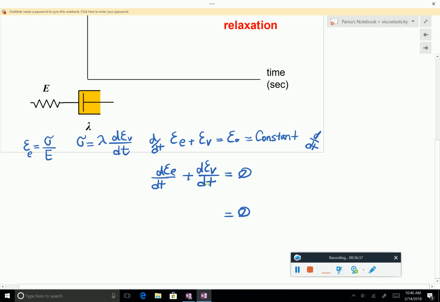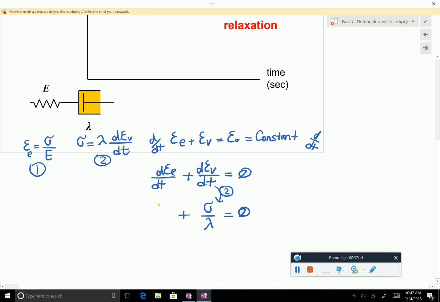Now d epsilon V over dt, very easily we know that it is sigma over lambda from this equation here. We can call this equation 1, equation 2, to make things clear. How do we take the derivative of epsilon E versus time?